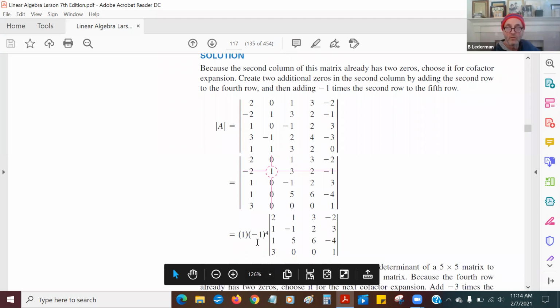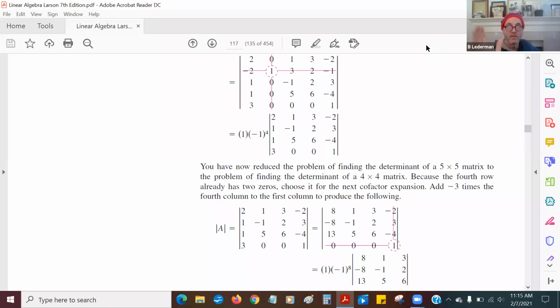So it's 1 times -1 to the fourth times this guy, and of course, this is all just 1. Now, even before I do the next thing, I'm celebrating because I started with a 5x5 and now I only have a 4x4.